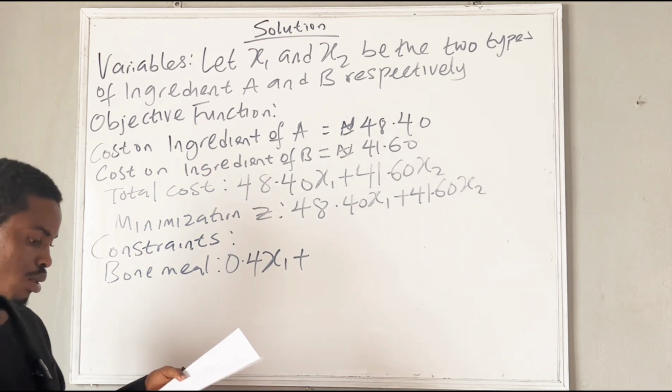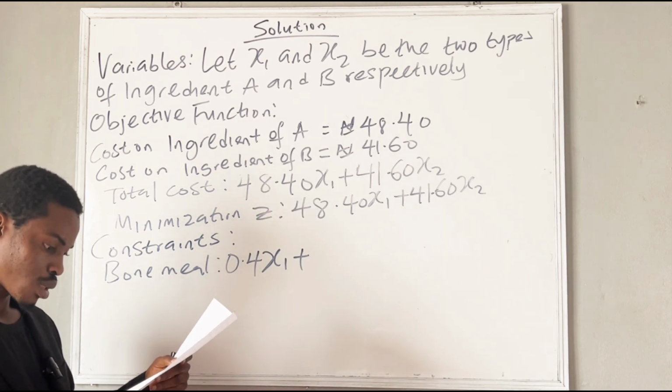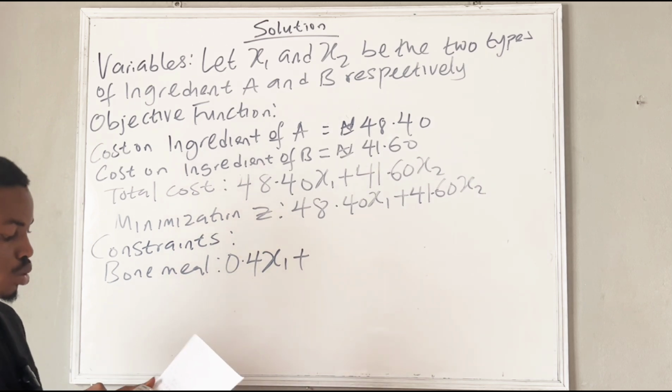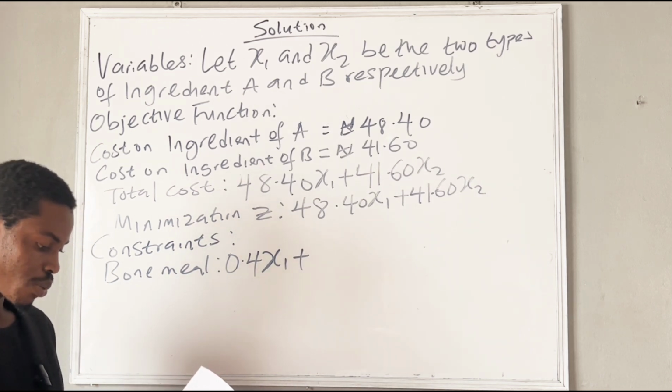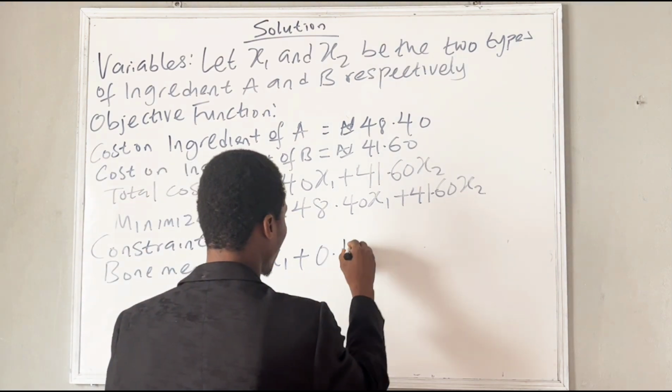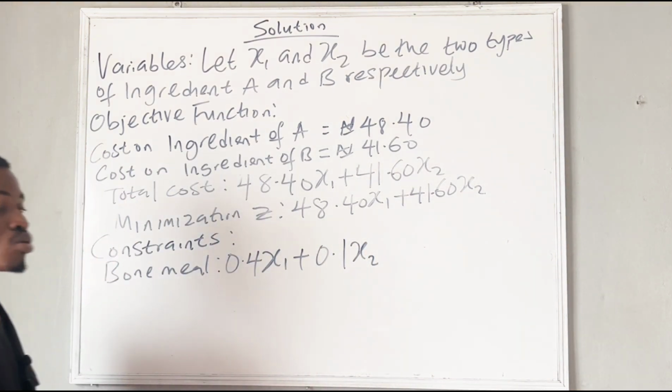Ingredient B contains 10% bone meal, so 10 divided by 100 is 0.1, so 0.1 x2. This is the constraint for bone meal.